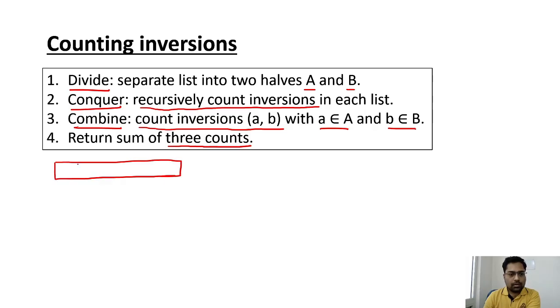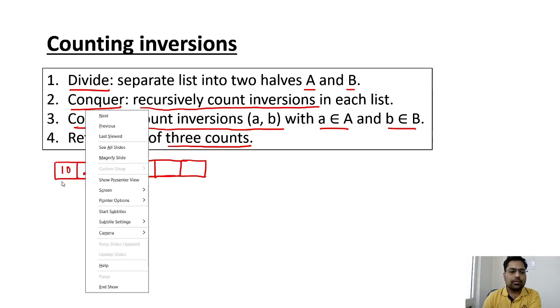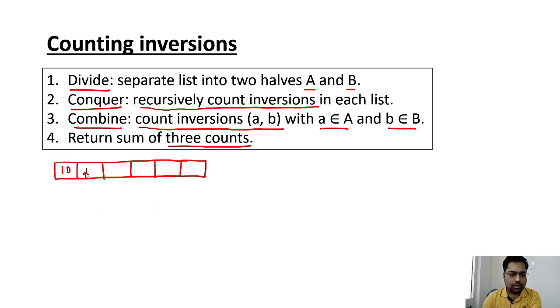Clear? So we are simply taking 6 elements inside an array. The array elements could be written as 10, 12, 1, 5, 3, 2.